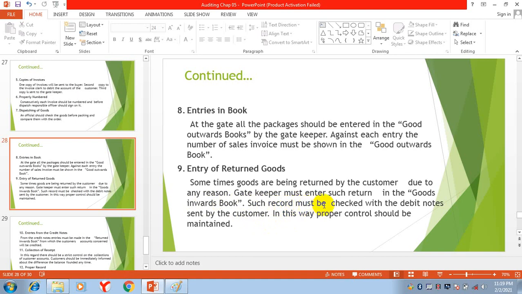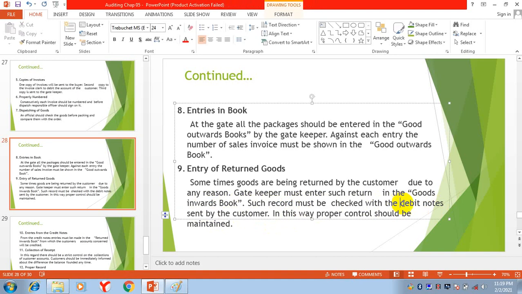Such a record must be checked with the debit notes sent by the customer. When goods are returned, the customer will also send debit notes. In this way, proper control should be maintained.